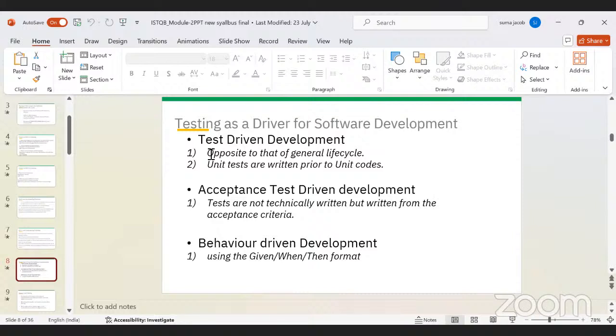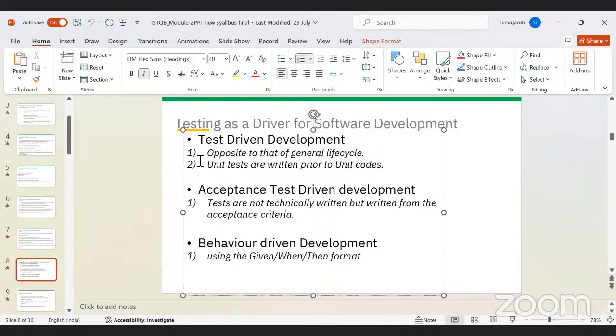Here the automation scripts are developed first, which is right opposite to the general life cycle. So what happens in the general life cycle? The unit codes are written and later on the unit tests are written.